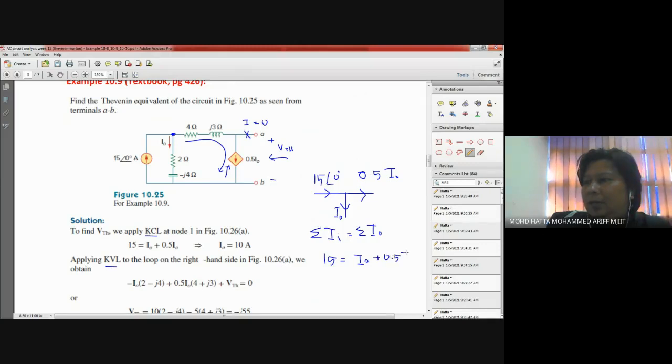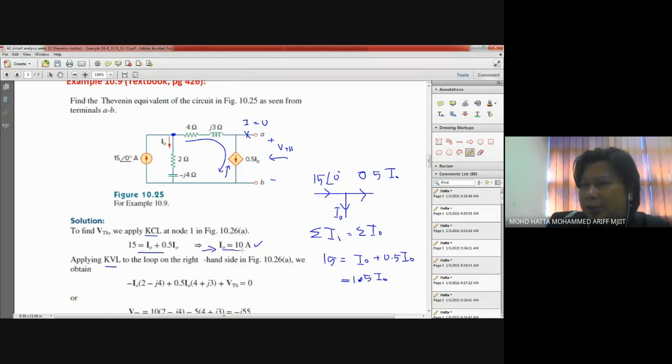So solving this equation, you know that 15 equals 1.5 IO. So that's why here we have IO equals 10. Solving this equation, you can get IO equals 10.